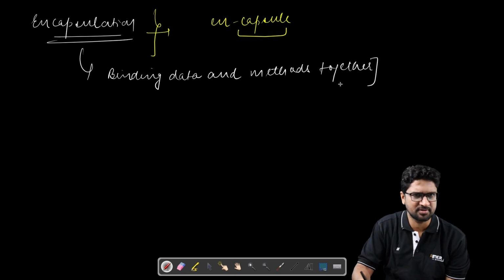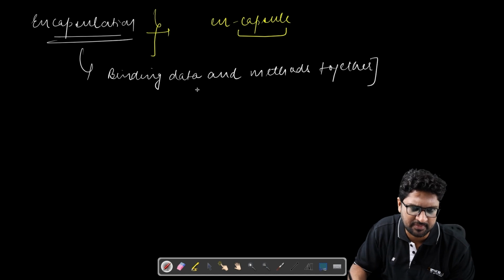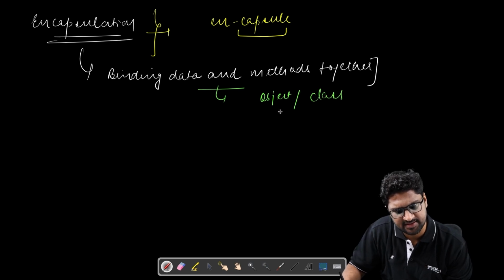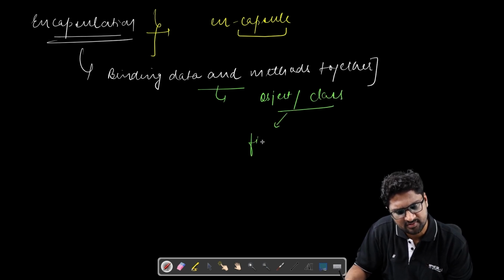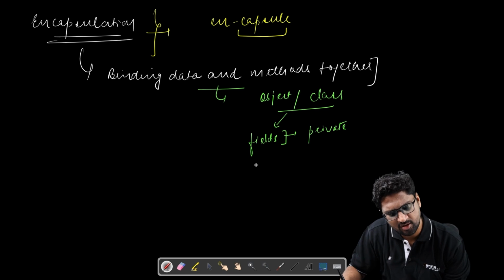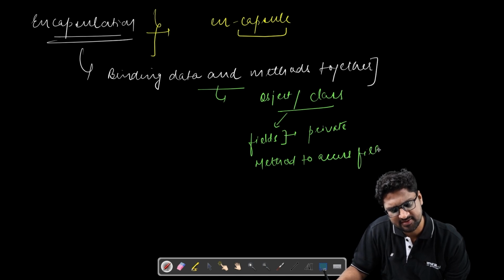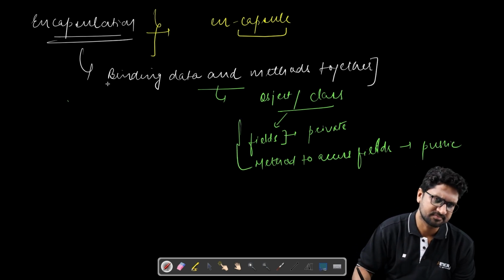And if I make it very simple in terms of programming in the world of Java, it means that any Java object or class, all the fields should be made private, and then all the methods to access fields should be made public. Now, what does this mean?